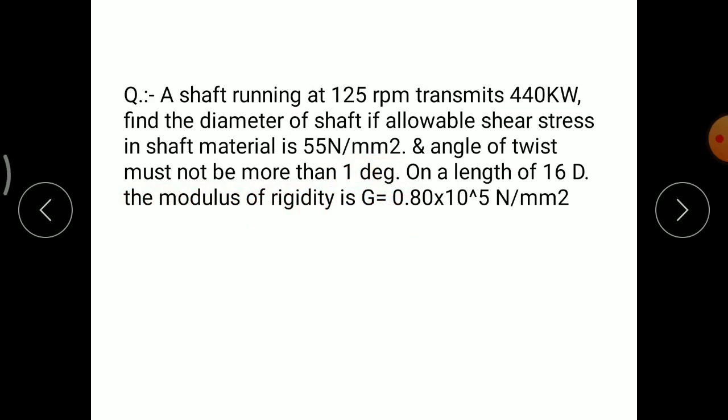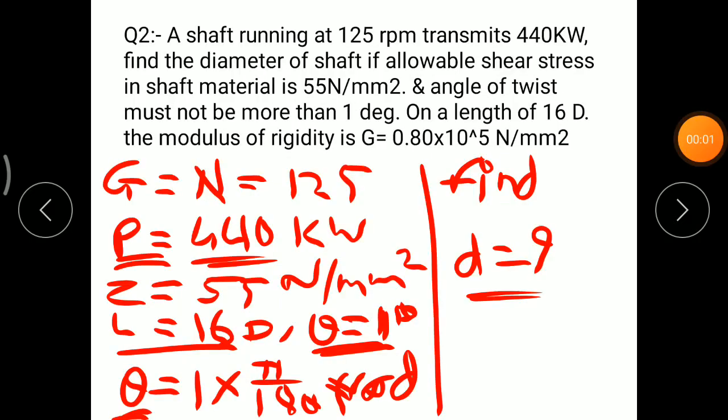Now I will write here the given data and what we have to find. Here we have the given data. First quantity is N, which is the speed, 125 rpm. P is the power transmitted by the shaft, that is 440 kilowatt. We have to use it in watt, so we will multiply it by 10 raised to power 3 when we use it in the formula.